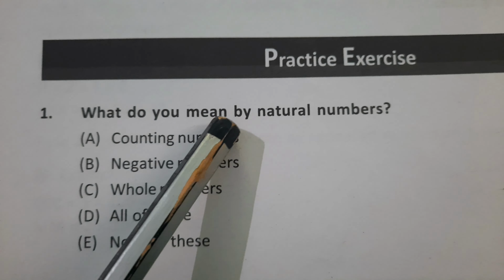Now the third one: name the number indicated in the following place value chart. Here the place value chart is given, and options are given. 53,694,231,000,000. 33,125.